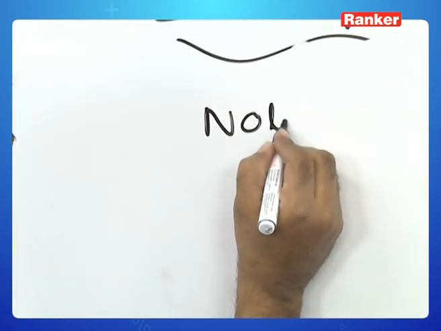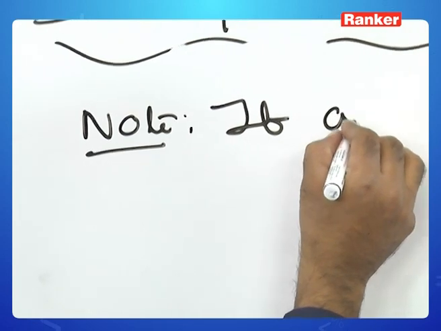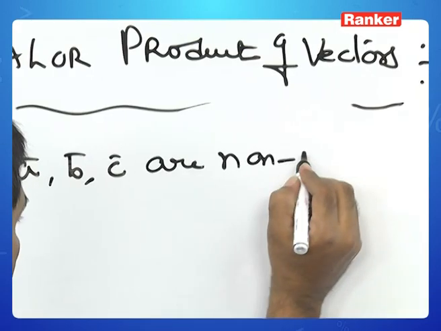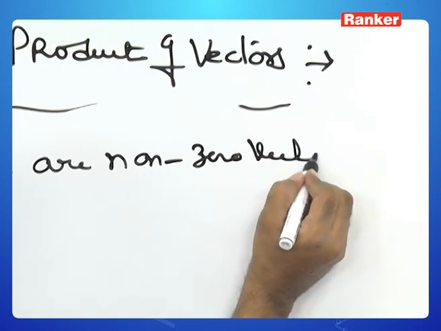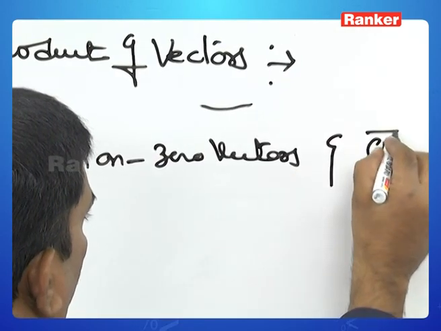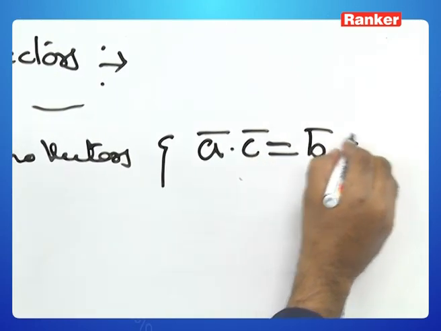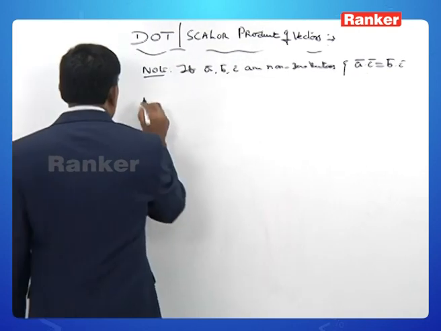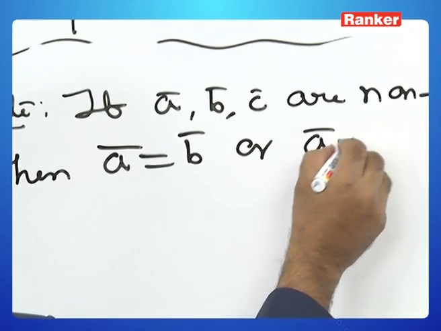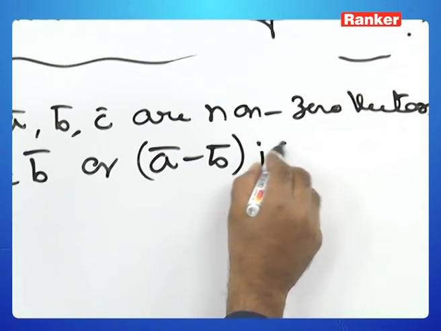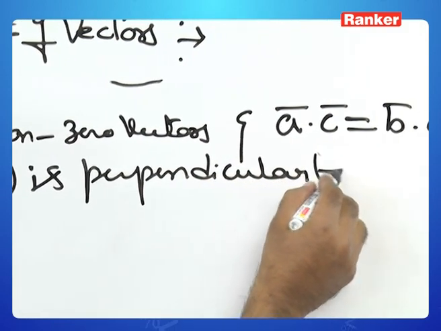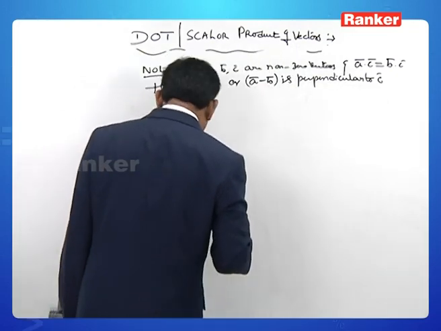Note, if A bar, B bar, C bar are non-zero vectors and A dot C is equal to B dot C, then A is equal to B or A minus B is perpendicular to C bar. We have to prove that.